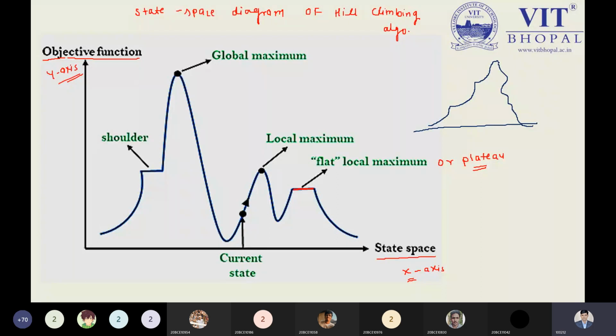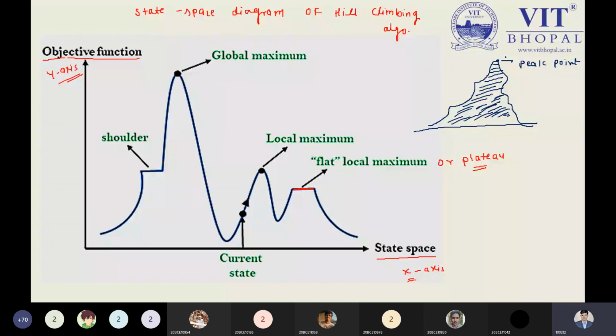So this is the peak point, because this is the peak point of a hill. Can we say yes? Tell me yes or no. Yes, sir. Okay, so what does this peak point contain? This contains the highest value.